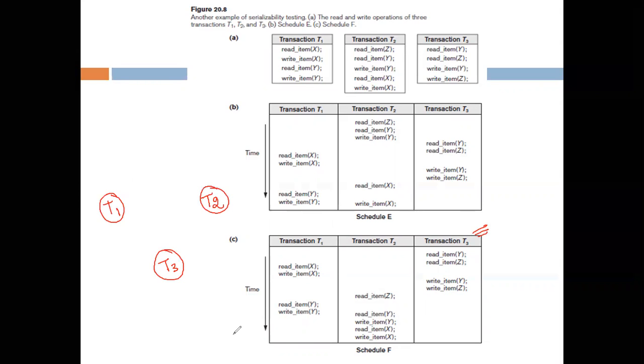Now consider variable x. It is present here. So write followed by read operation. You can clearly say it is transaction 1 that is initiating the operation on x first and then it is T2. So can we have an edge?